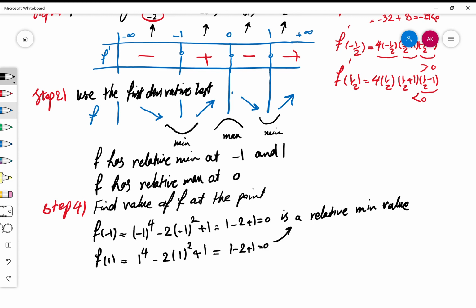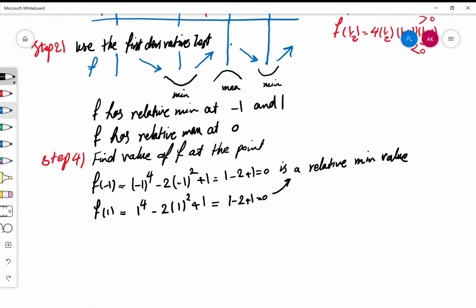So the same story. And f at 0 gives me 0 to the power 4 minus 2 times 0 squared plus 1, and that's 1, a relative max value.